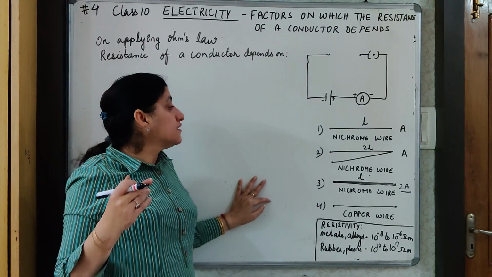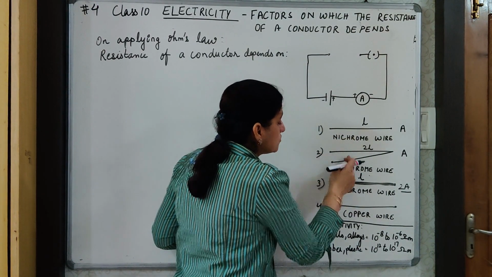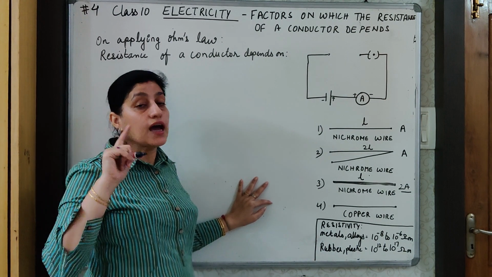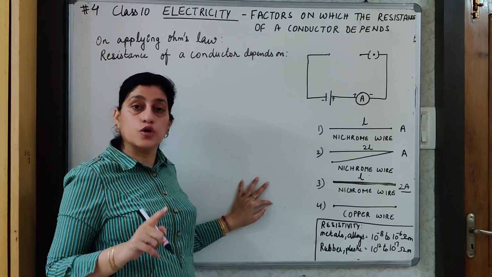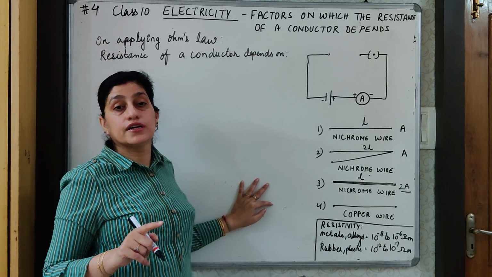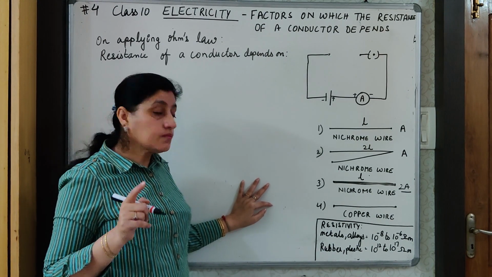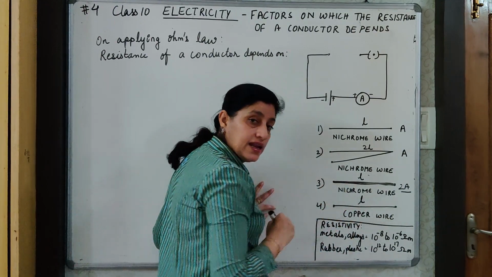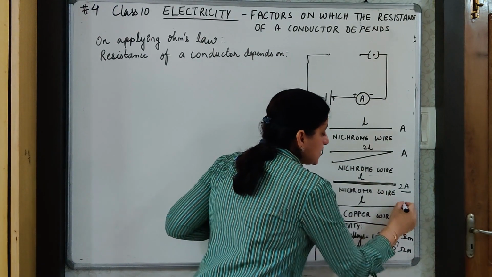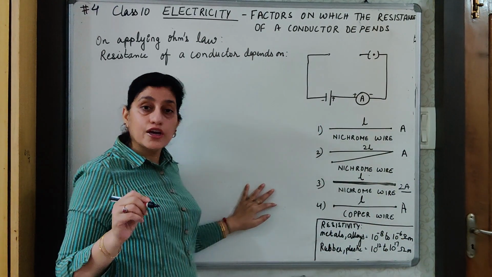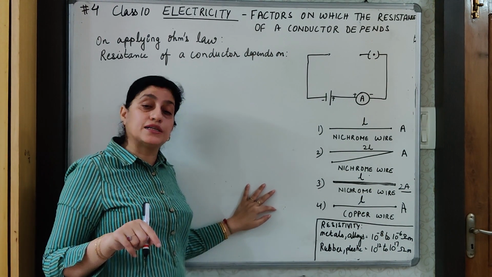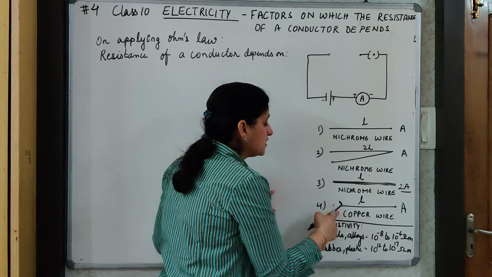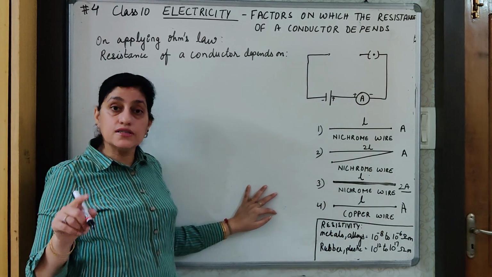It means here we are using the same material, but by the change of the length and by the change of the area also, the value of the current is changing. And lastly, we take a wire of length L, area of cross section A, but now we are using a wire of different material. We are not taking nichrome wire, but we are taking any other material, say copper, aluminium, whatever, some other material.